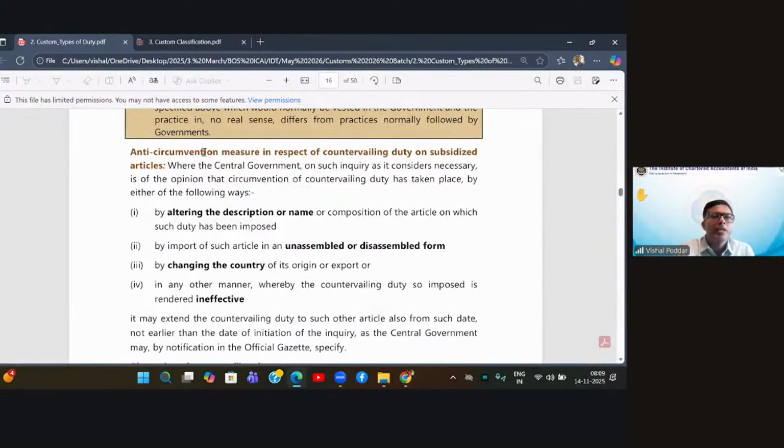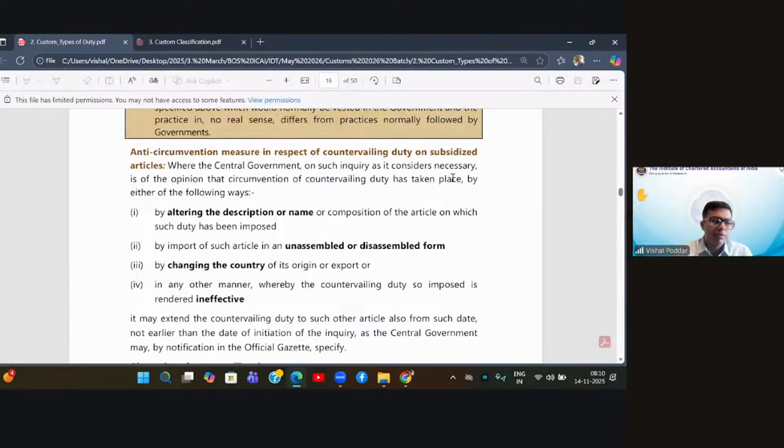Now, anti-circumvention measure in respect of countervailing duty on subsidized article, where the government on inquiry is of the opinion that circumvention of countervailing duty has taken place. Now, what is circumvention? See, every businessman is smart.